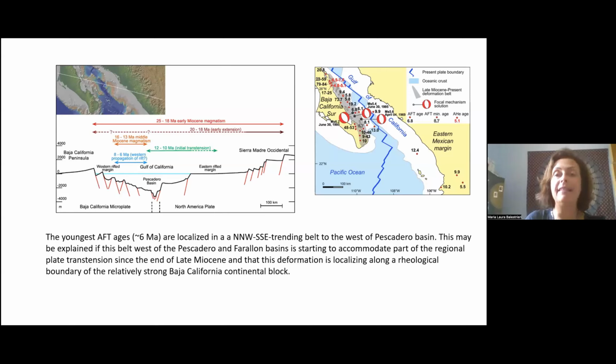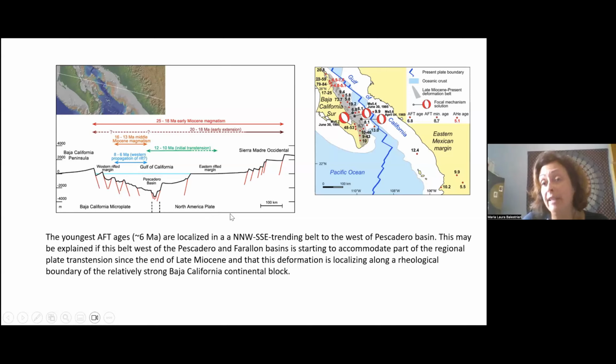In practice, this trend is intercepting other small spreading centers in which the stress is localized. So probably it's because this belt intercepts other spreading centers located in this area, and all the crust has been thinned before.